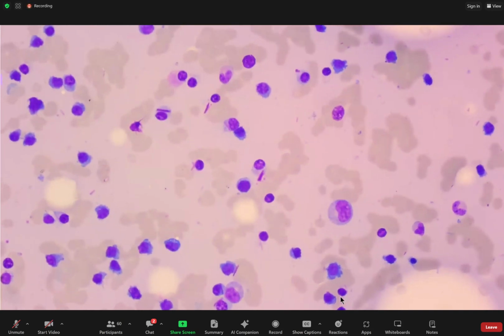Also there are some cells having multiple rods, like faggot cells, like this. There are also many lymphocytes.